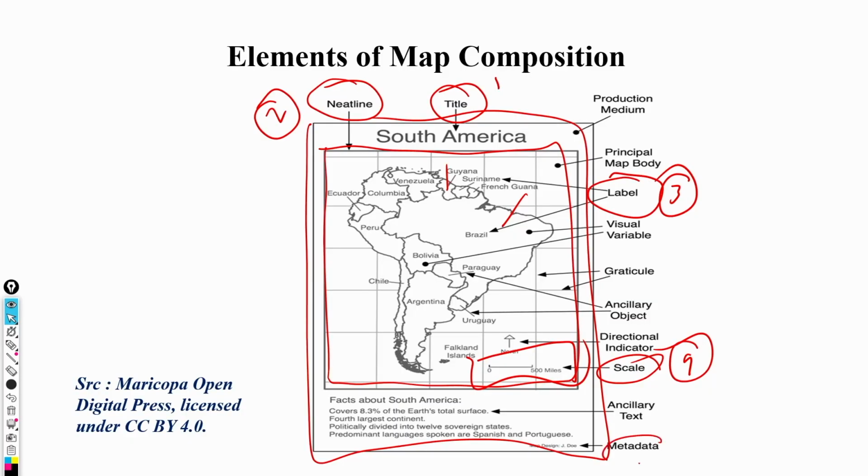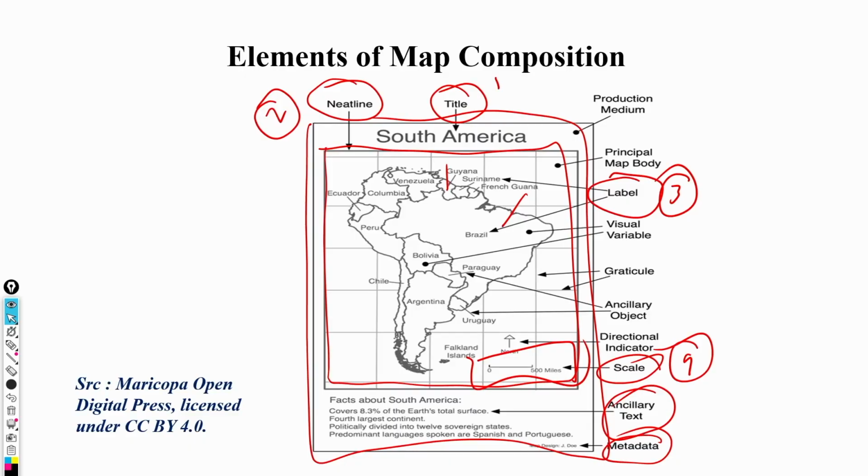So you can get an idea of what the distance is going to be in the real world for a particular unit. Then you have these options: metadata, ancillary text, and all these things. These are additional components, but whatever I am marking with numbers are the major components.